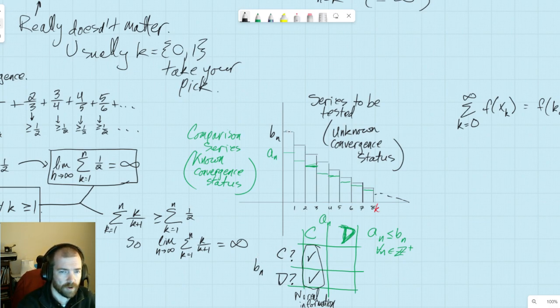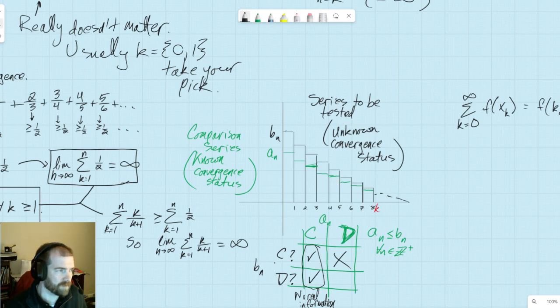Well, all of our individual values are larger than something that diverges. So all of its partial sums, all the sums that go out to n, whatever n is, will always end up being larger than something that diverges. So here it's not even possible for B sub n to converge if we have A sub n diverging and A sub n is always under B sub n, or equal to.